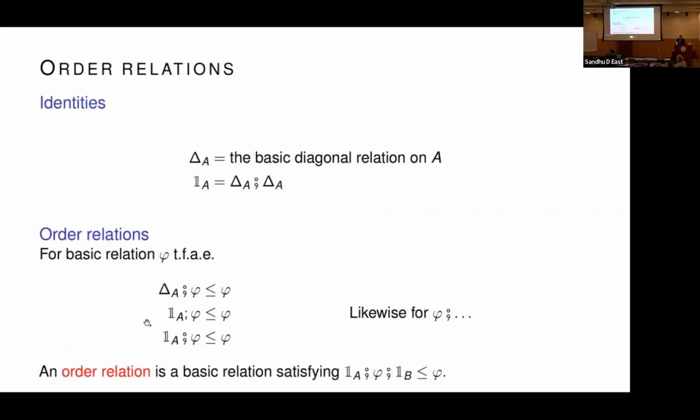And the basic diagonal relation is not the identity in this new category, but its weakening envelope is. So the units in my new category are these things that now ought to be called weakening relations.